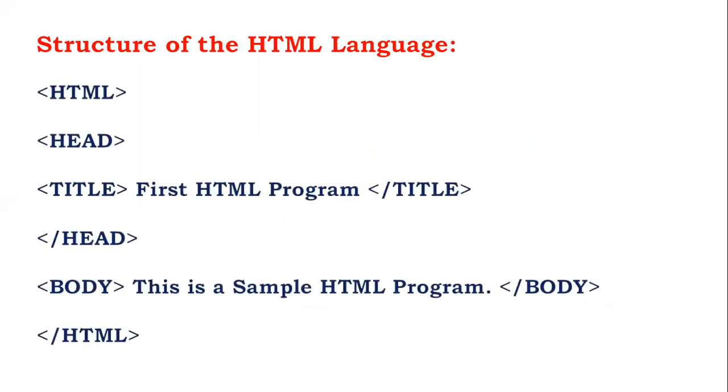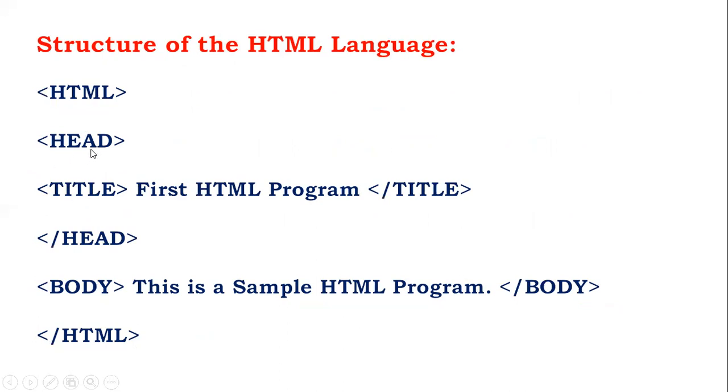Next, the structure of the HTML language. Now, this is the basic structure that we use to develop web pages. The first tag is the HTML tag. Here we have opened the starting HTML tag, and at the end we closed the HTML tag.